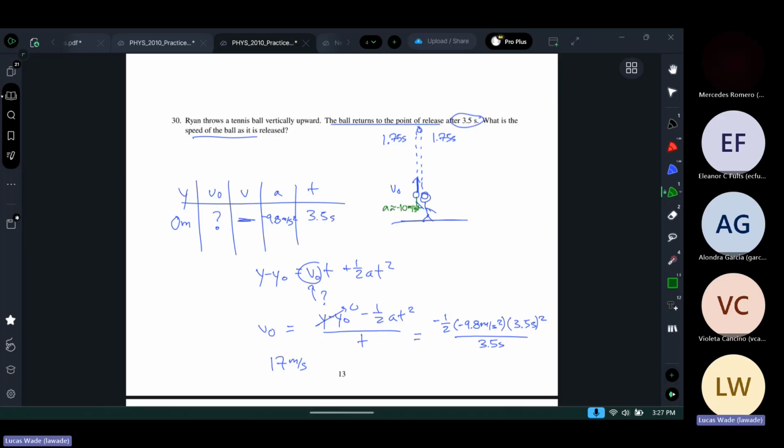So we're looking for a speed that if you subtract 10 off it each second that passes, and you do that over 1.75 seconds, you will get 0. And the answer to that is 17.5 meters per second. So after 1 second has passed, the ball will be going that minus 10, so about 7.5.